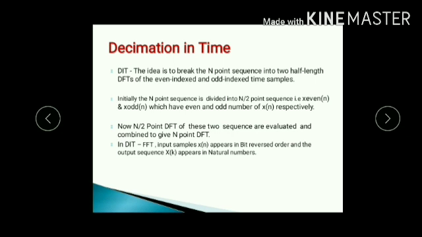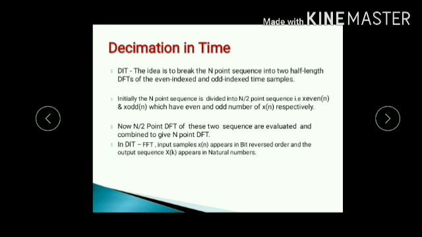It is similar to what you do when solving a problem for a DFT, wherein the formula is X of k is equal to summation n is equal to 0 to N minus 1 of x of n W_N^kn, where the value of k ranges from 0 to N minus 1.